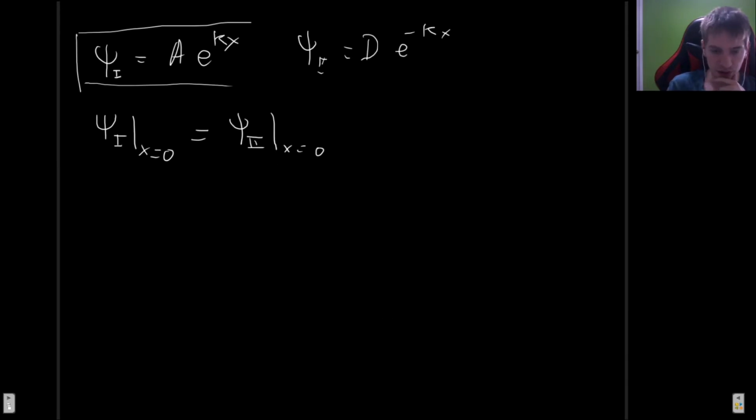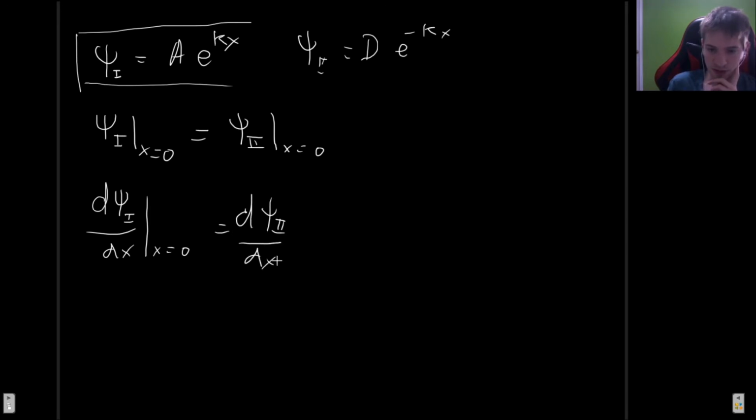Now there's a second condition that applies for finite potentials, but it says that also the derivative with respect to x of this first function evaluated at x equals 0 has to be equal to the derivative of this second function evaluated at x equals 0. That's because if we have some function and then you get to the interface, it needs to continue smoothly into whatever it will change to.